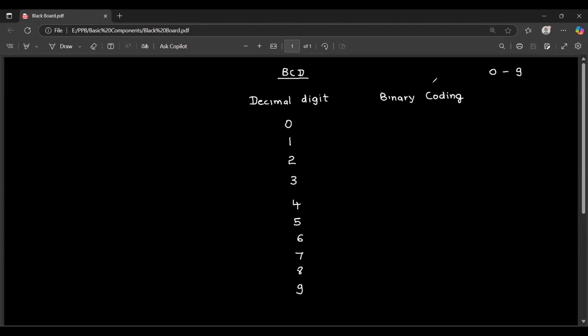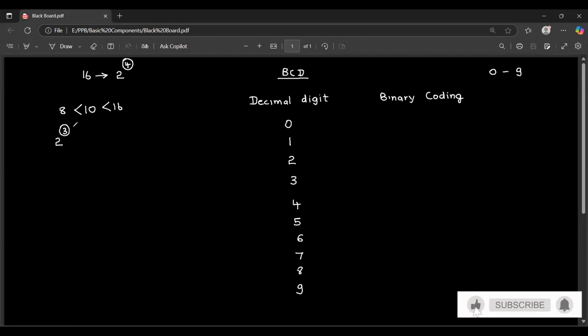If you remember, when we studied hexadecimal to binary conversion, we used 4 bits, because there are 16 digits in hexadecimal, which equals 2 to the power 4. But 10 is not a power of 2. 10 cannot be written in the index form of base 2. Since 10 lies between 8 and 16, if we choose 3 bits, that will not be enough to represent 10 digits.